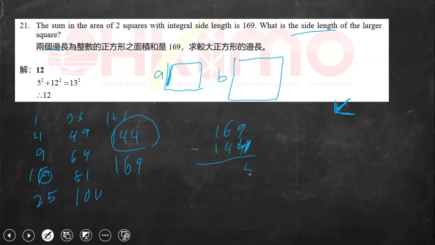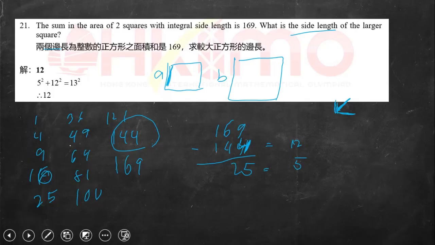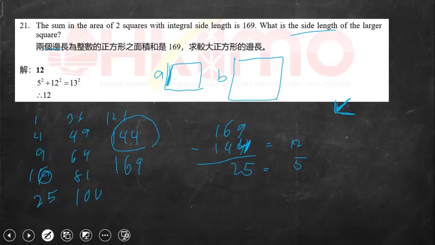So 25, we found it. 25 is a square, therefore the sides are going to be 12 and 5. Okay, so that's how. You can just try subtracting if you don't know the Pythagorean triples.